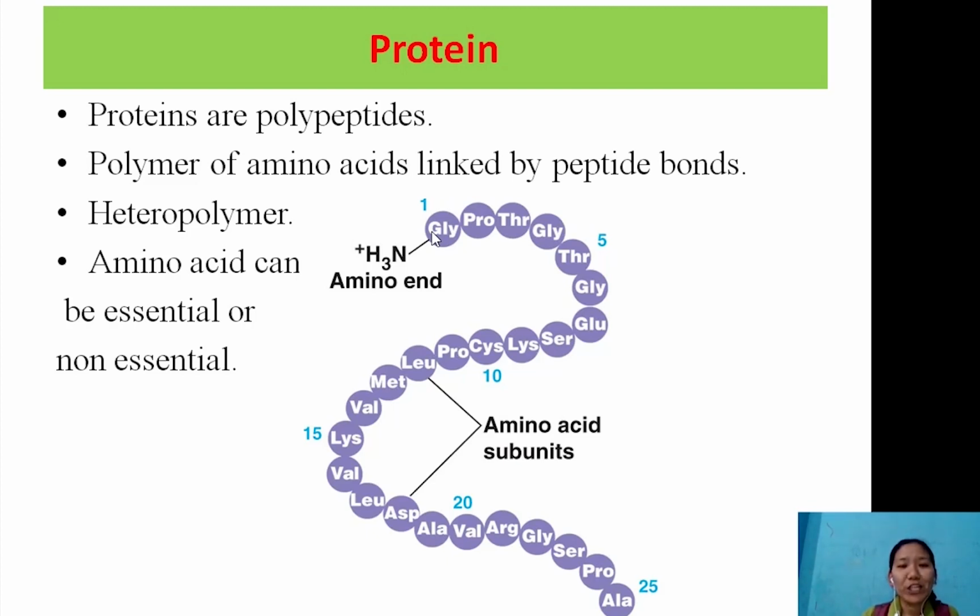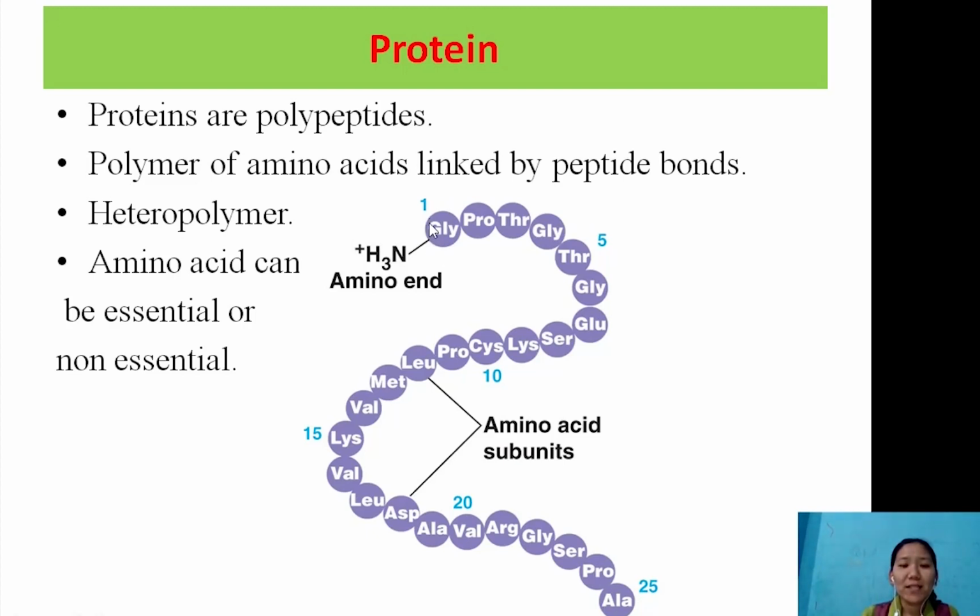And in this protein, we can see that it starts with the first amino acid and ends with the last amino acid. In this example, you find 25 amino acids, and we have two ends, this end, and then the one at the 25th amino acid.